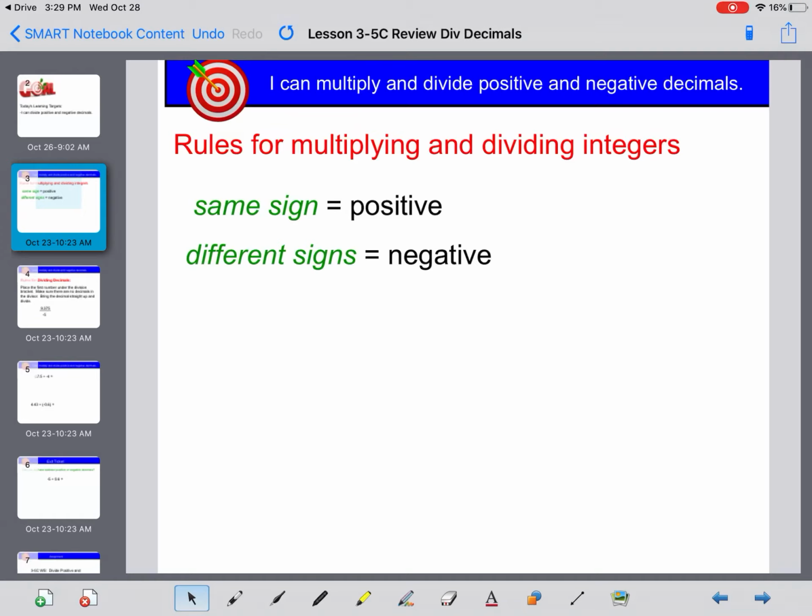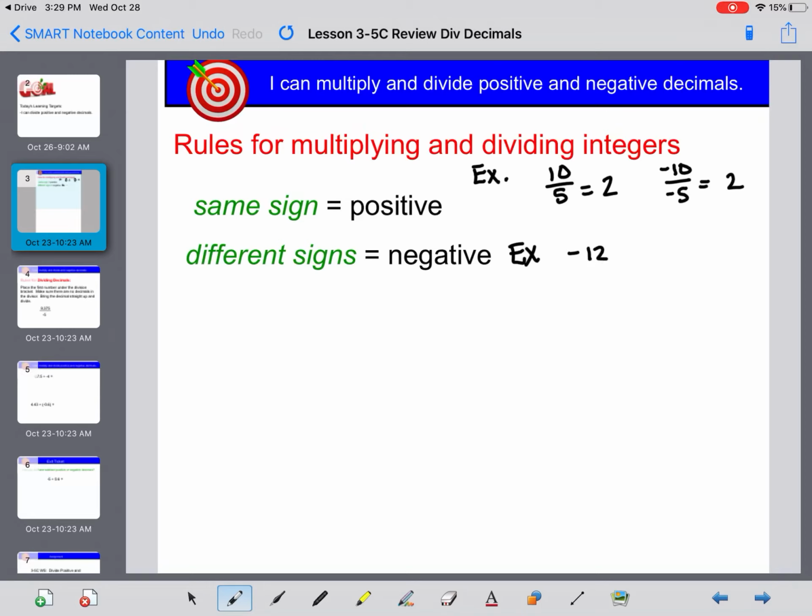Please write this down. If you are dividing two numbers that have the same sign, your answer will be a positive answer. 10 divided by 5 is 2. In the same way, negative 10 divided by negative 5 is a positive 2. On the other hand, if you are dividing two numbers that have different signs, you will get a negative answer.